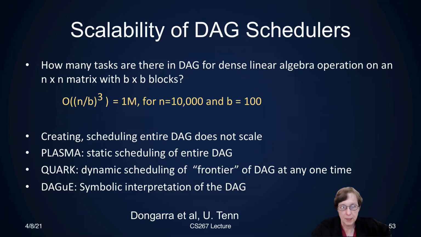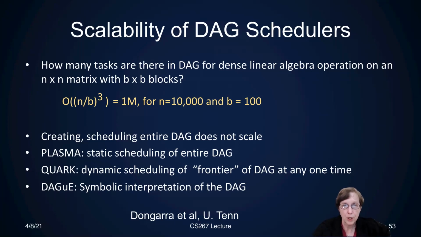And just to give you a sense of how big these tasks can be, this is from Jack Dongarra's group at University of Tennessee, who built, as I mentioned, multiple schedulers for scheduling task graphs, starting with shared memory and then eventually moving on to distributed memory.